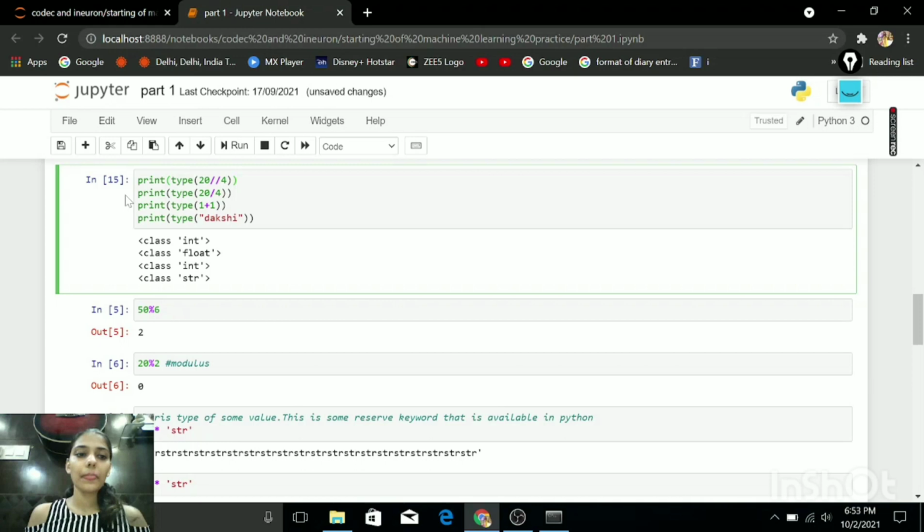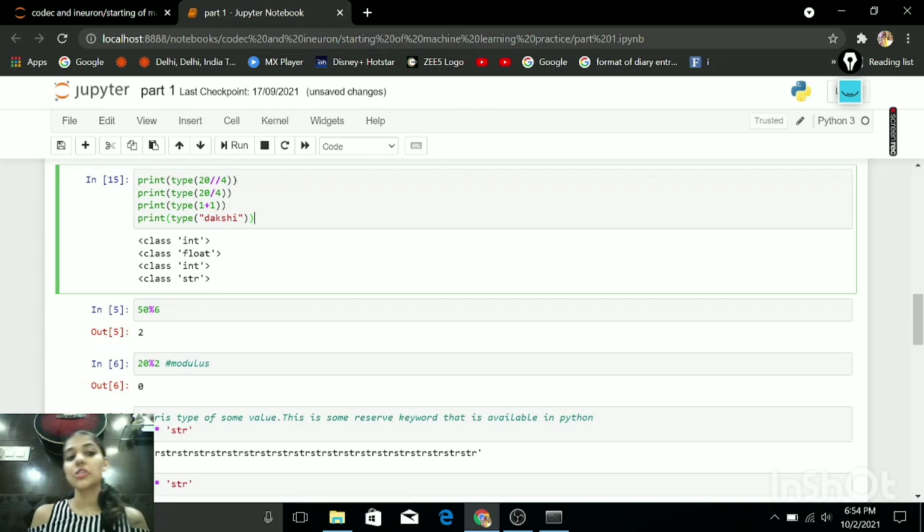Okay guys, let's check print of every code. So print of type 20 double divided by 4, as I told you before, it's an integer, right? In this part, it's a float. 1 plus 1 is an integer. Print type of my name Dakshi is str.